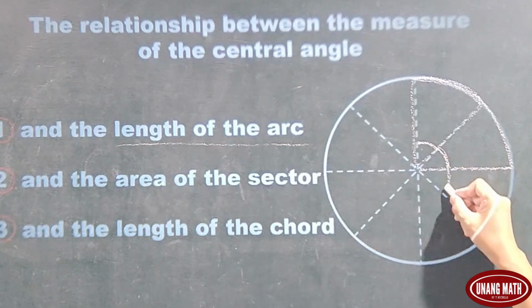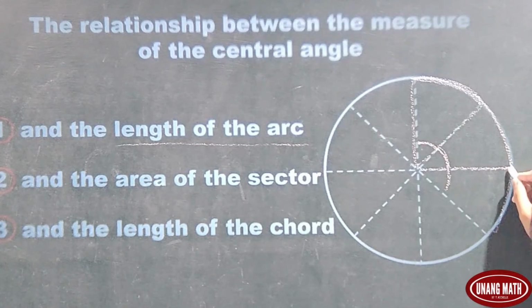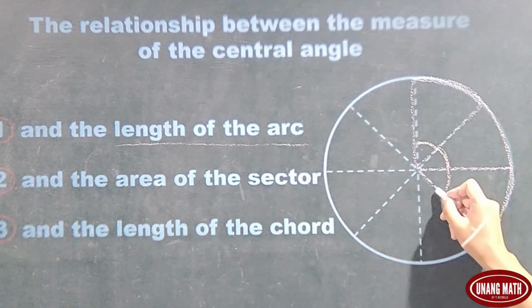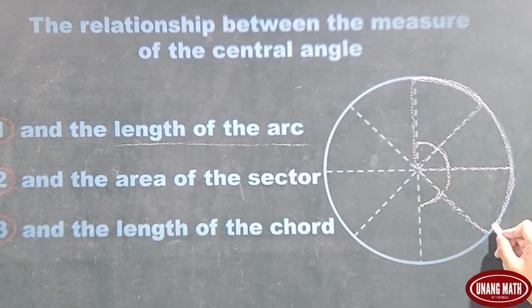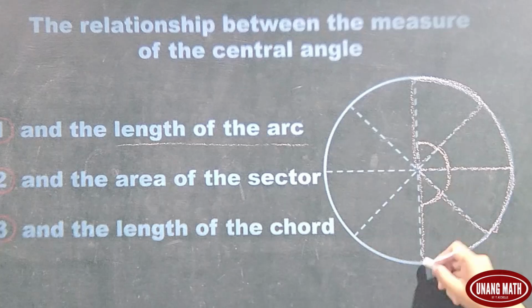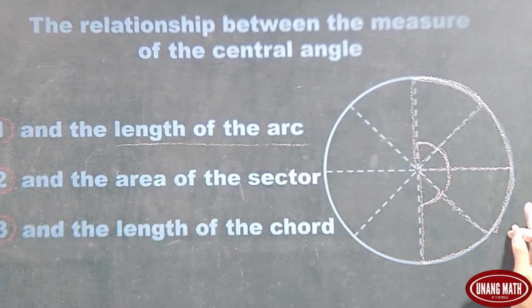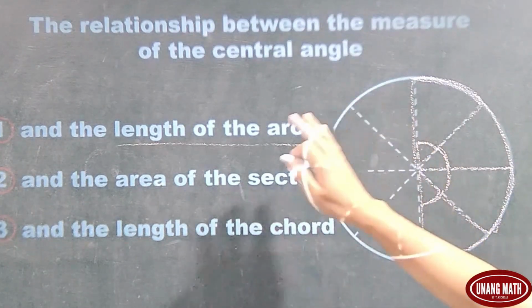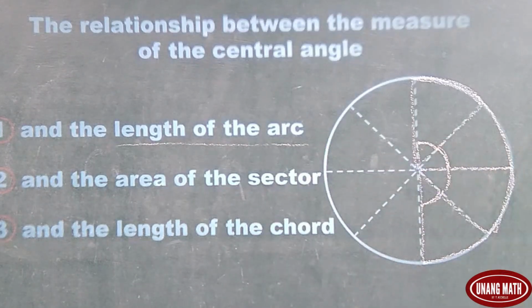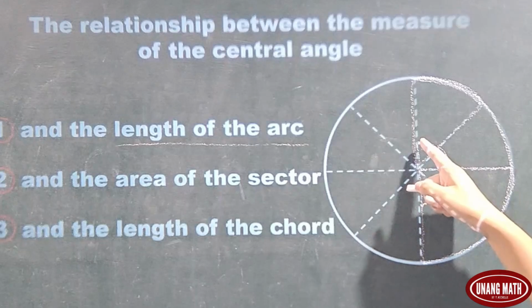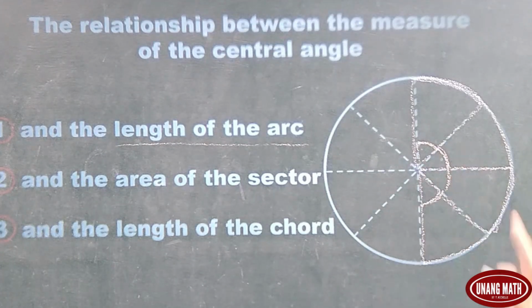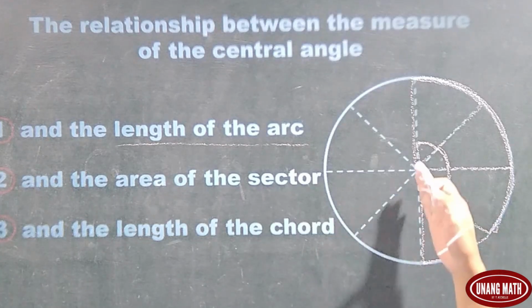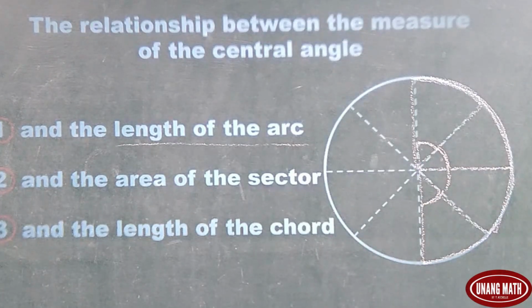If I triple, then the arc also triples. 4 times the central angle, then the arc is also 4 times. So, the central angle and the length of the arc are directly proportional. If I increase the central angle 2 times, then the arc also increases 2 times. If I increase 3 times, then it follows.